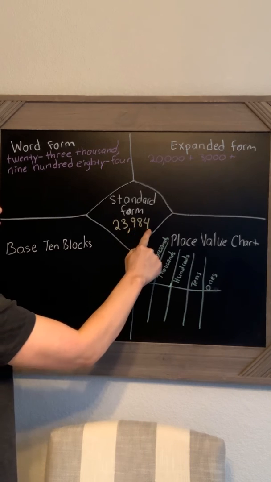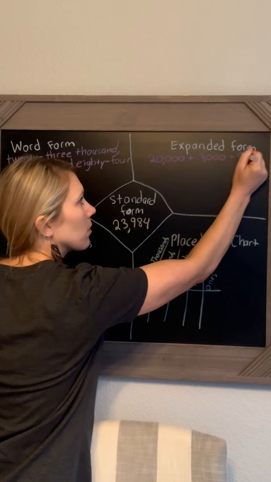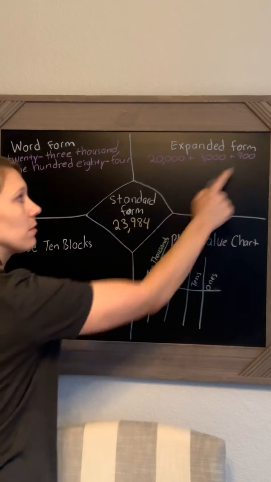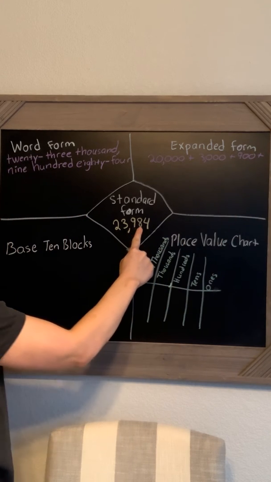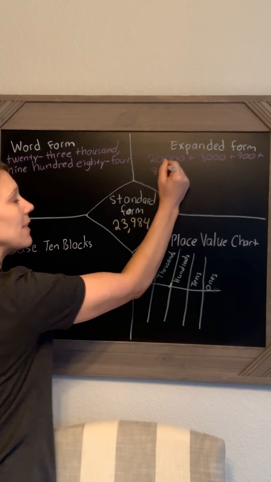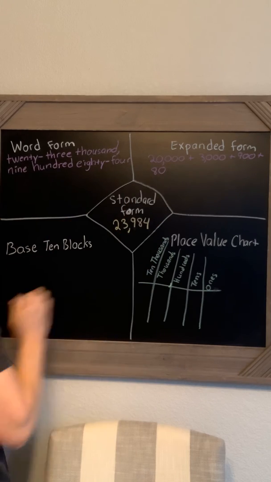And there are 1, 2 digits after it, so I need 2 zeros after that 9. The value of this 9 is 900. Plus, go to my next digit, 8. There's 1 digit after it. So I'm going to put 1 zero after it. The value of this 8 is 80.